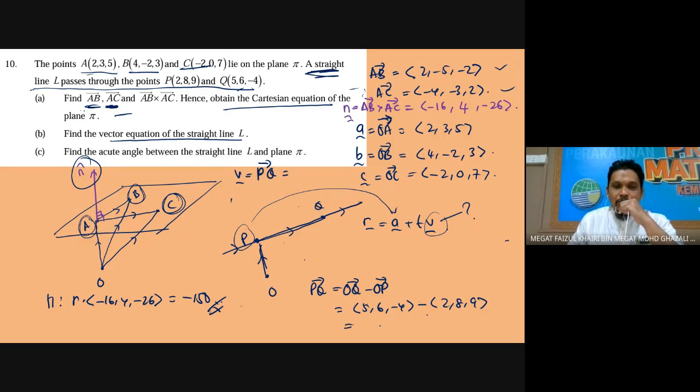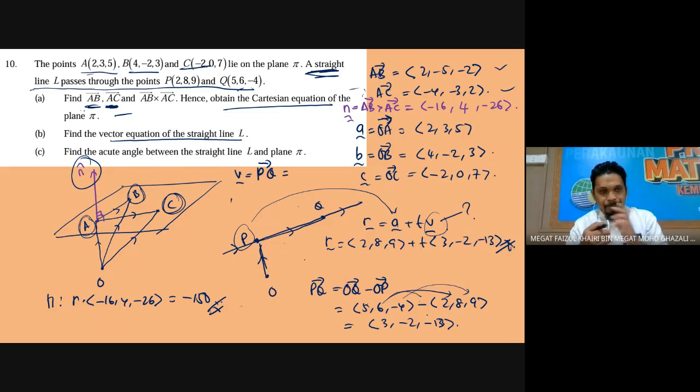So 5 minus 2 equal to 3, 6 minus 8 equal to negative 2, negative 4 minus 9, negative 13. So r equal to a, where a is P, (2, 8, 9), plus t times v, (3, -2, -13).